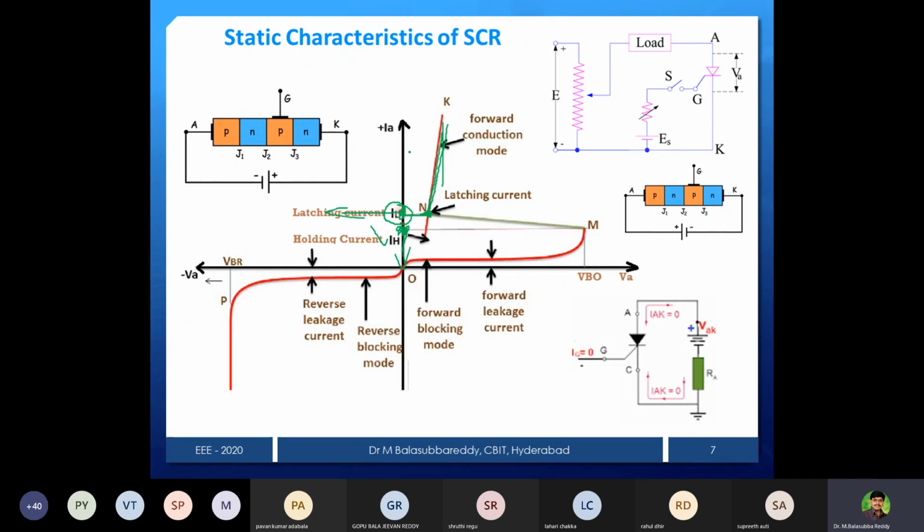Above this it will be on. The gap between the latching and holding current is very minute. But if somebody asks in an exam which current is higher, 100% the latching current is more than the holding current, but it is very near.